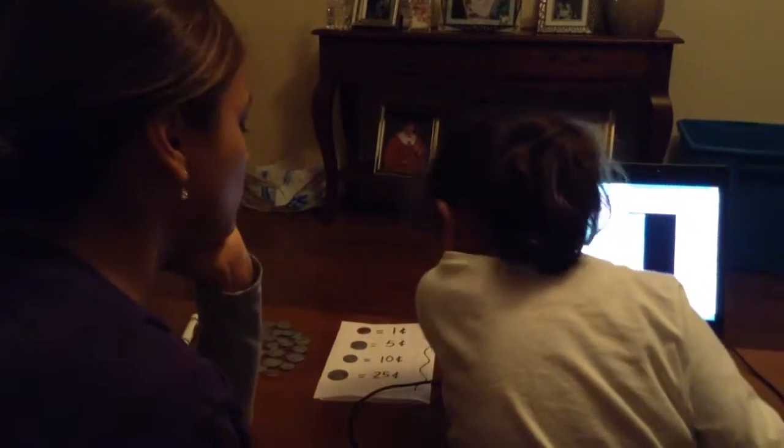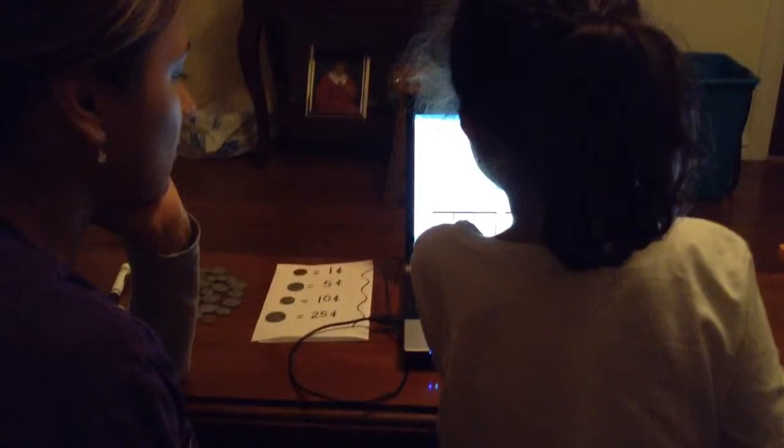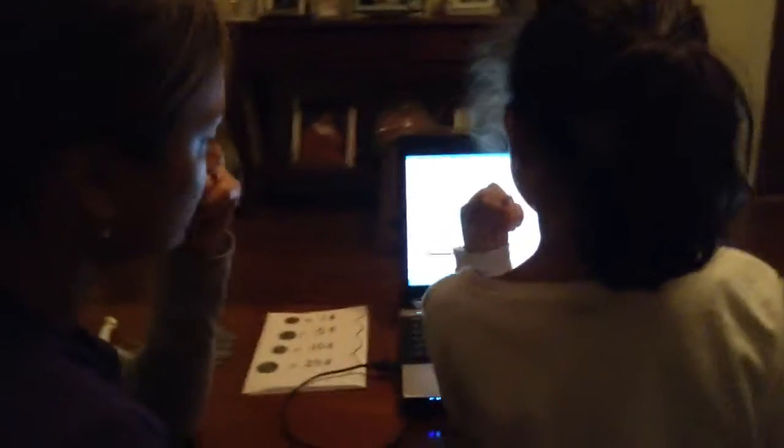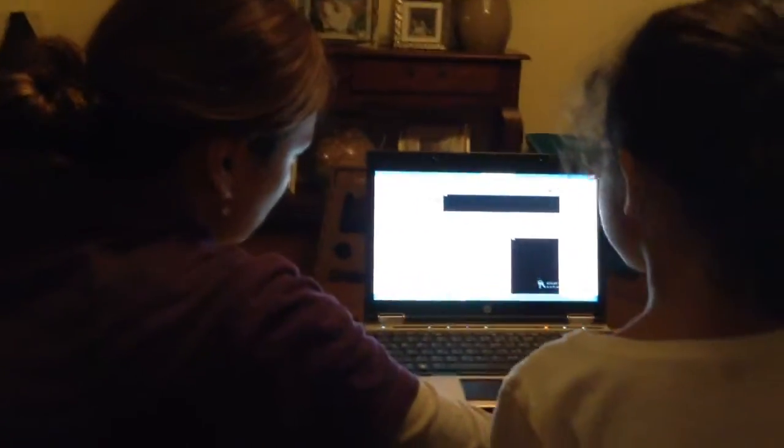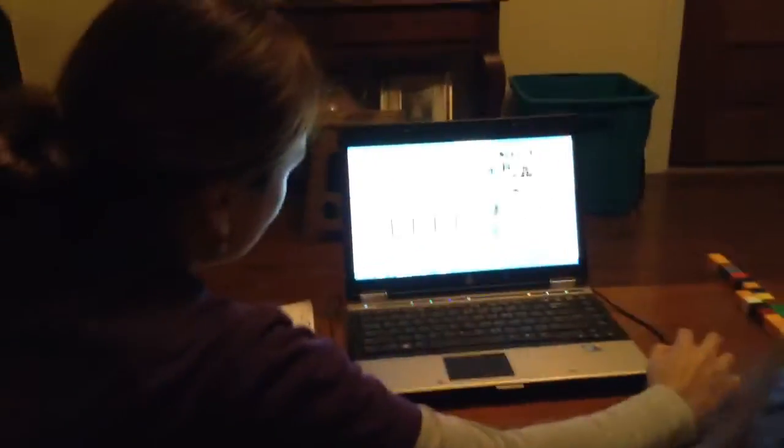Which coin is worth 25 cents? This one. Yes, and it's called a quarter. Click on it. Oh, there it goes. Good work.